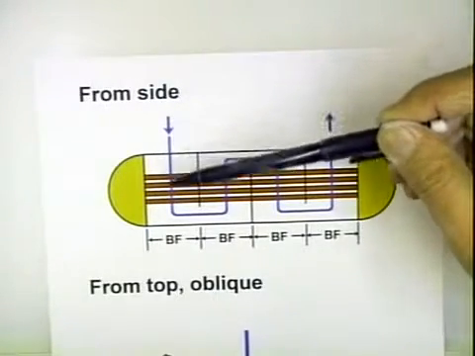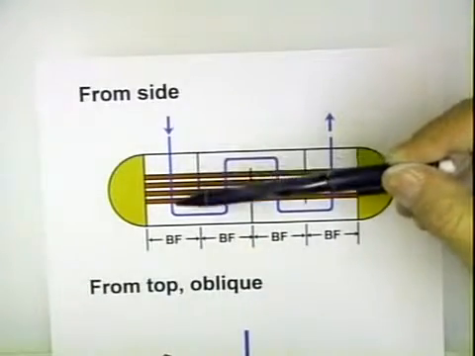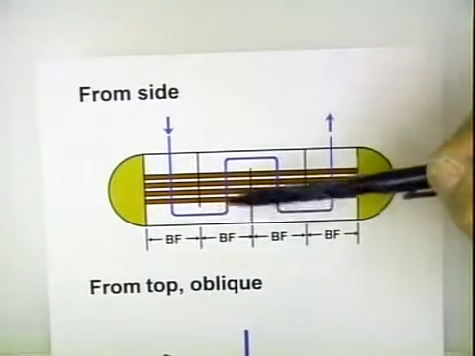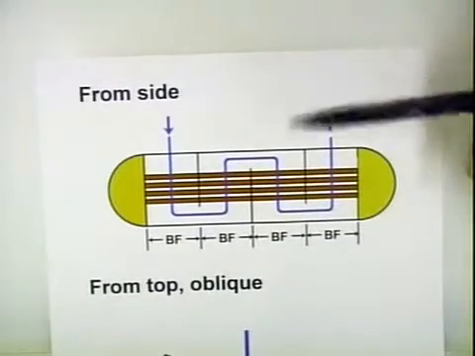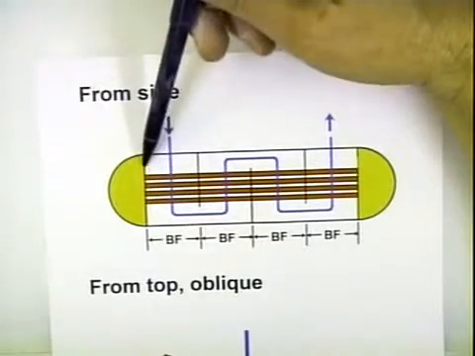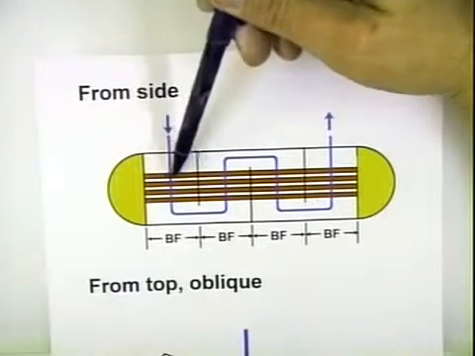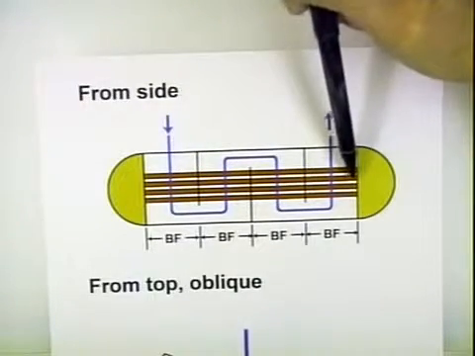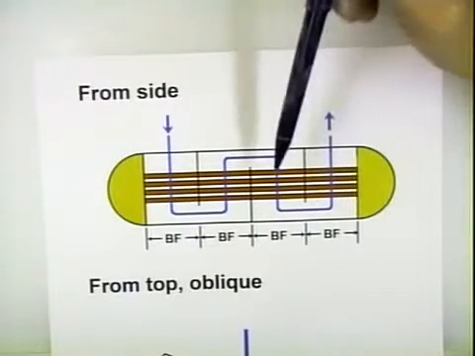So it's coming down like this. We put 3 baffles in here. The flow goes down, then it turns and comes back up and goes across like this. Now these dimensions are going to be a little hard to see, but I want you to notice this BF is the dimension from here to the first baffle and then to the second baffle. So the length of this whole shell here is 4 times BF, and that's going to be important in a minute, so we want to note that.